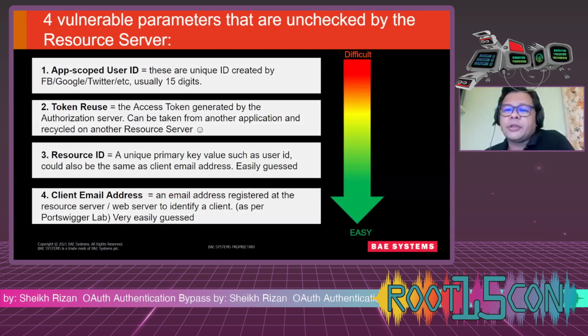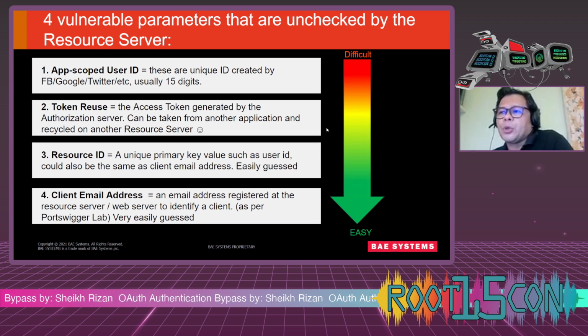Now, the parameters I mentioned in the previous slide, the 4 parameters, the email, the user ID, and whatnot, I have put them according to the difficulty of exploiting it. From the top, the most difficult one is the app scope user ID. The app scope user ID is a 15-digit number that gets randomly generated by the client app.